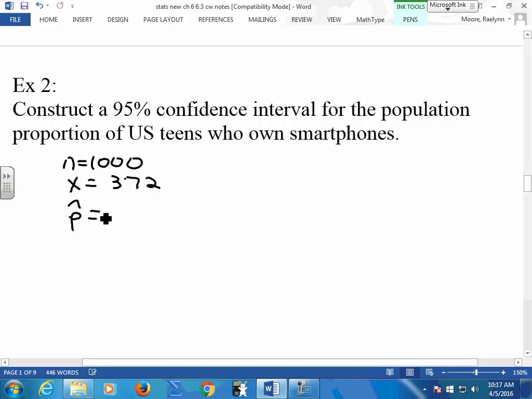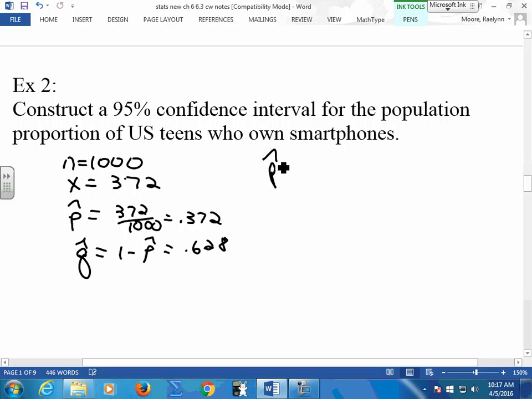So we found their P hat. It was based on 1,000, so it made our decimal points nice. We found our Q hat. Okay? Now, all we have to do is build your confidence interval. Your confidence interval is p hat plus or minus the margin of error.